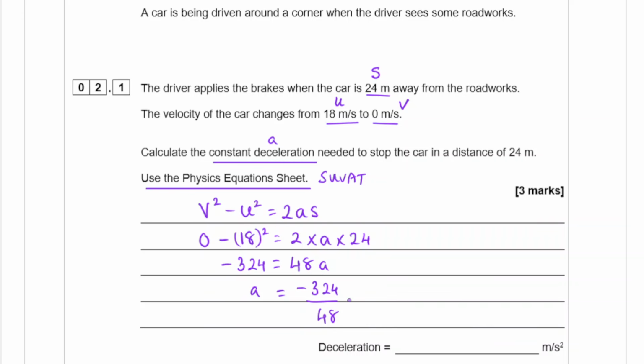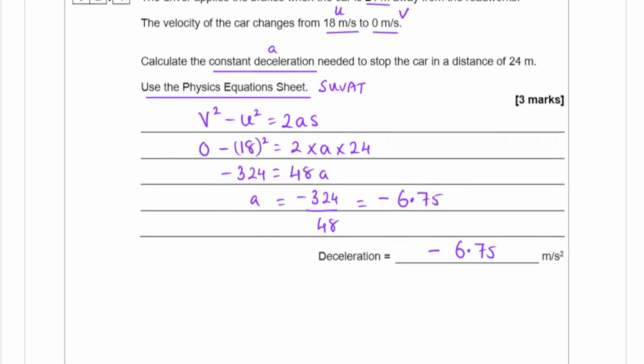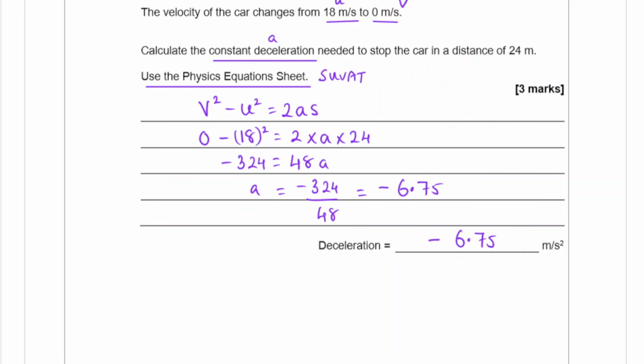So that should give you minus 6.75. So the deceleration has to be minus 6.75. Now the negative sign needs to be there. The marking scheme doesn't specify that you need the negative value, but it does include it in the answer. So it's better to put it because it is asking about deceleration.